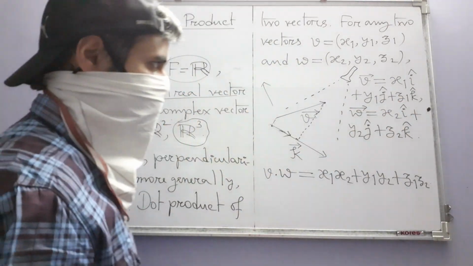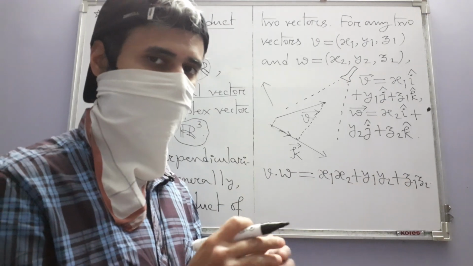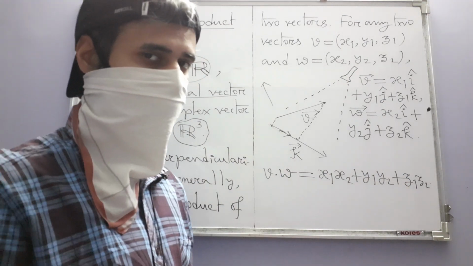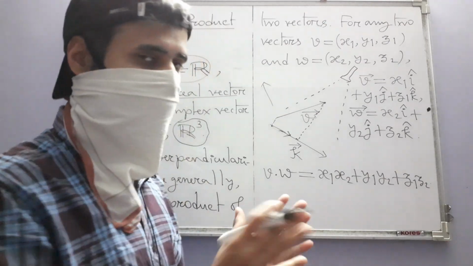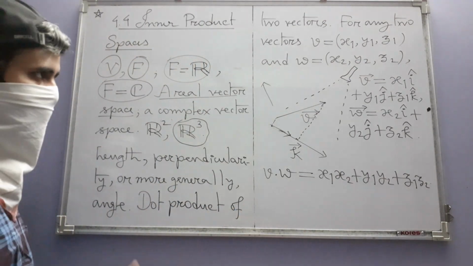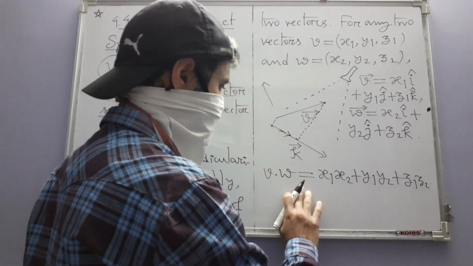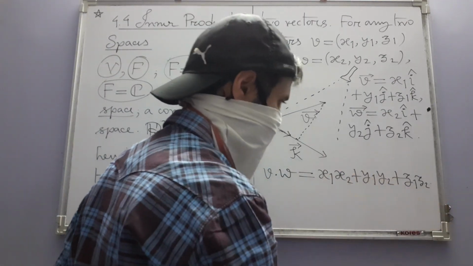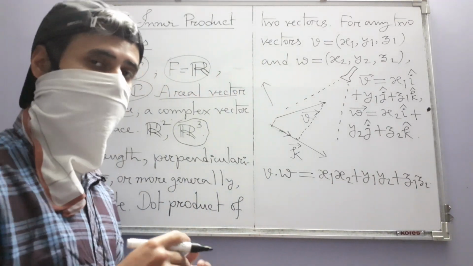Where i cap, j cap and k cap are the unit vectors along the x, y and z axes, along the positive directions of these axes respectively. These are things we already know. So when we calculate the usual dot product of two such vectors, we get this scalar. It is not a vector, it's a scalar, and in fact it's a real number.